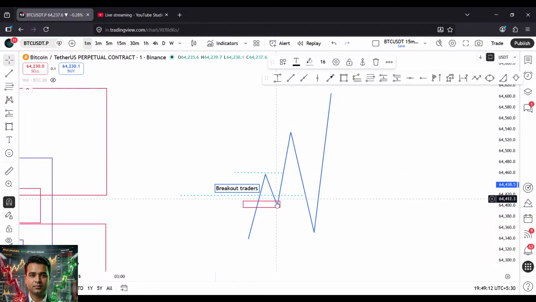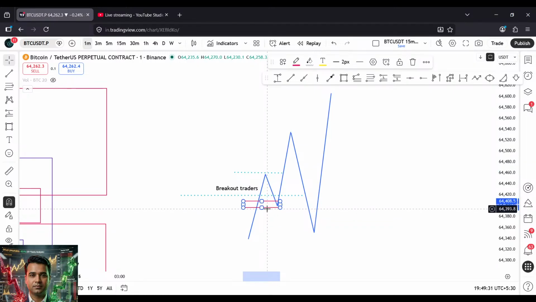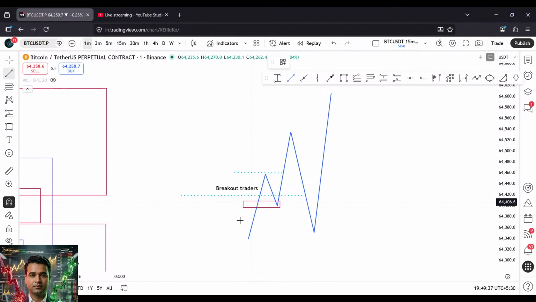Then pullback traders entered here. Price came down here and goes up, so these shorters will be trapped as price goes up. Now pullback traders are happy here. Why? They entered at the pullback. Then what happened? Price goes up and comes down again, and takes out the stops of these pullback traders.